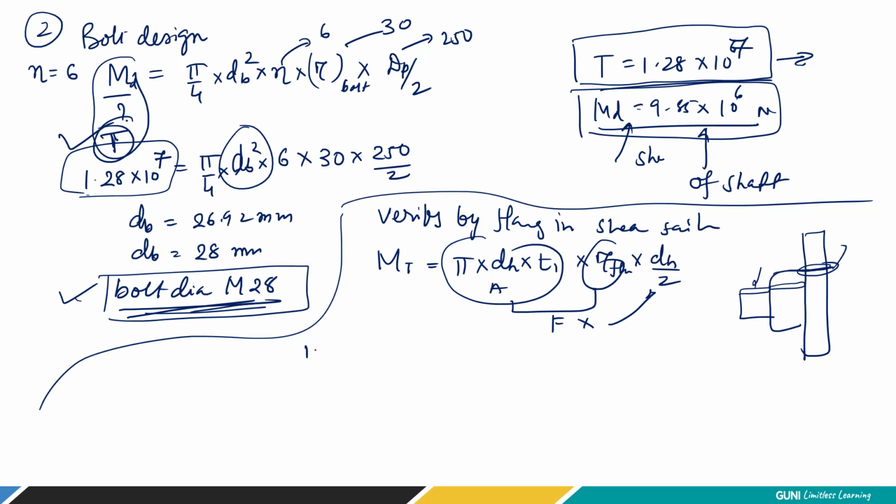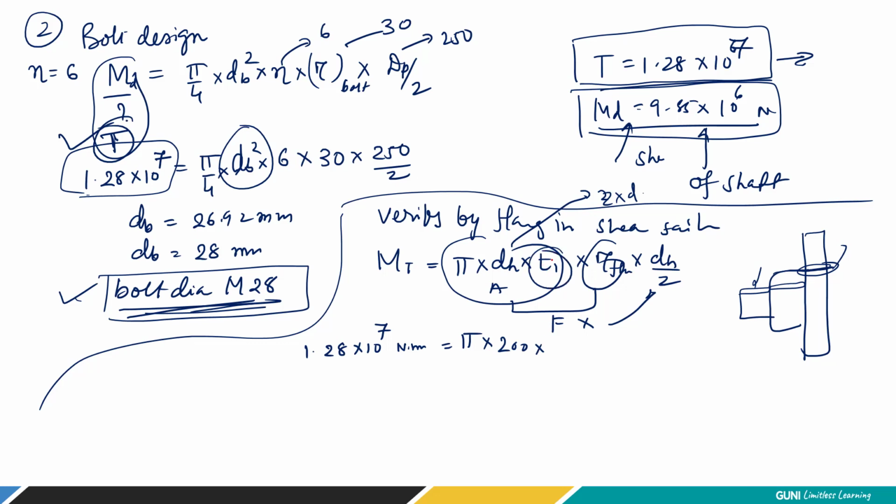So let's take 1.28 × 10^7 Newton millimeter. Now here the diameter of the hub is taken as 2 times the shaft diameter, right? So it is 2 into the shaft diameter, which is 100, so it gives you the 200 value.